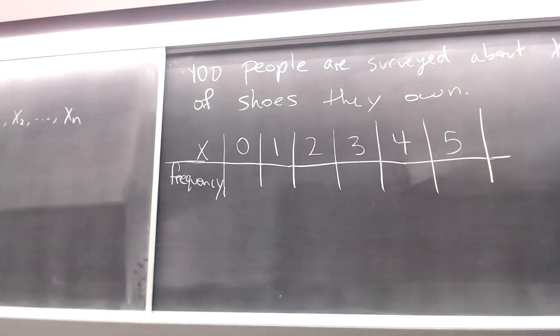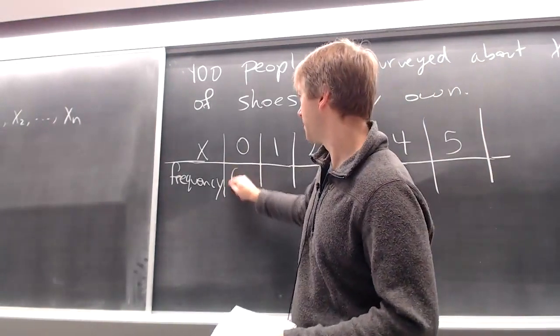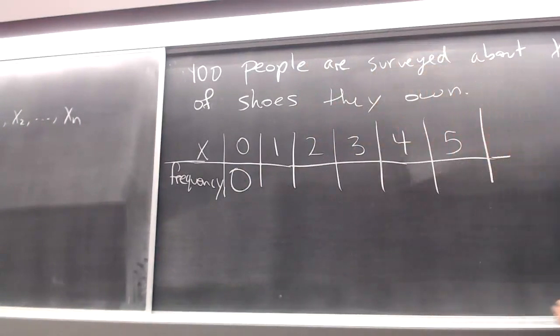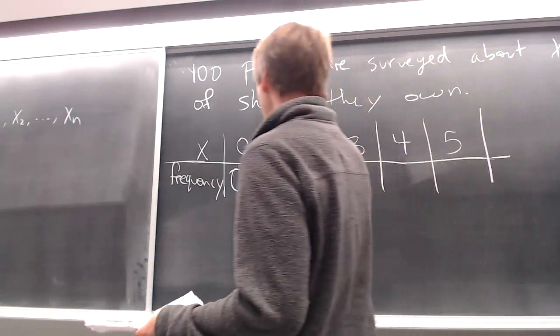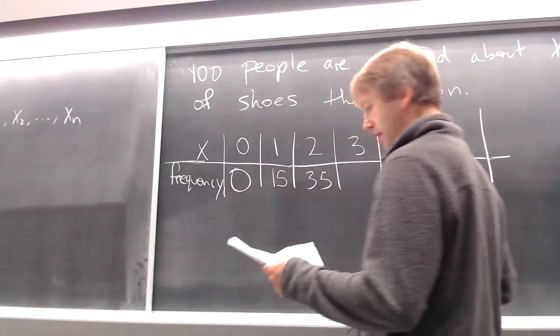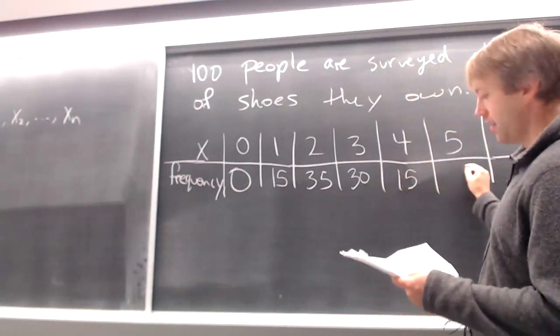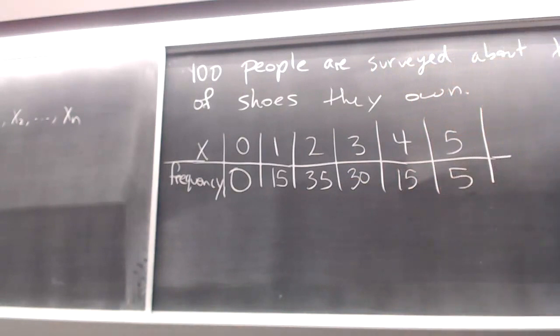Okay, so out of the 100 people, nobody has 0 pairs of shoes, I hope. So you survey 100 people, none of them said they have 0. 15 said they have 1 pair. 35 said 2. 30 said 3. 15 said 4. And let's say 5 people said they have 5 pairs. And let's just say nobody said they had more than 5 pairs. Right?